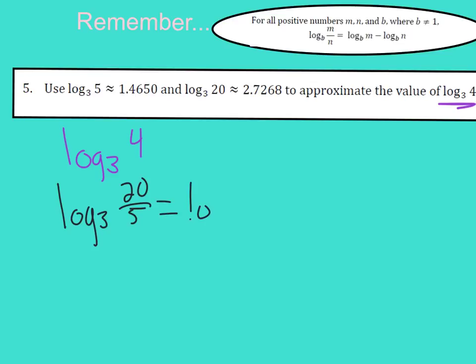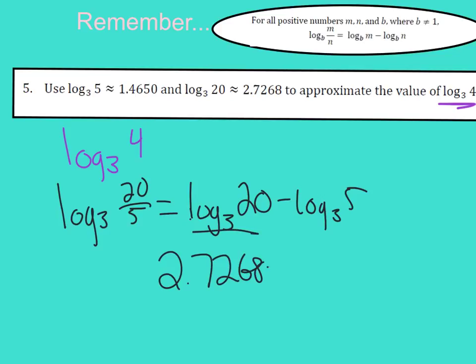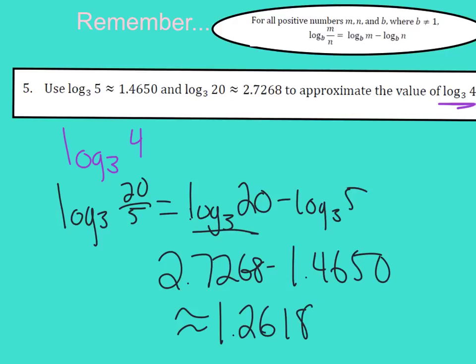But that can be rewritten as log base 3 of 20 minus log base 3 of 5. Well, log base 3 of 20 we know is 2.7268. Log base 3 of 5 is 1.4650. So now it just becomes a decimal subtraction problem. So my answer is approximately 1.2618. There's my answer.